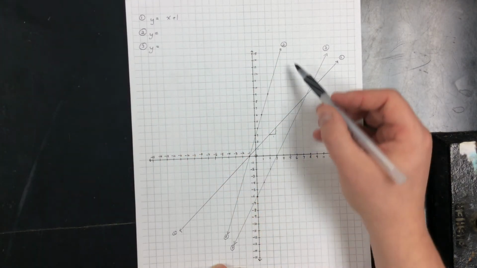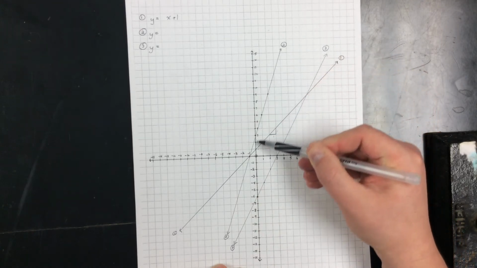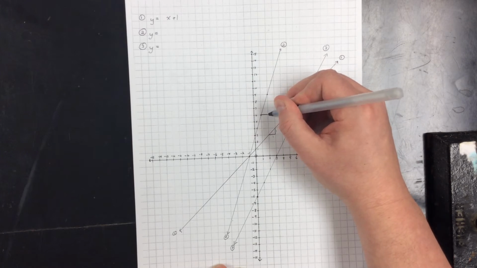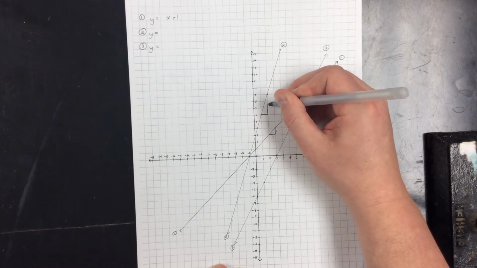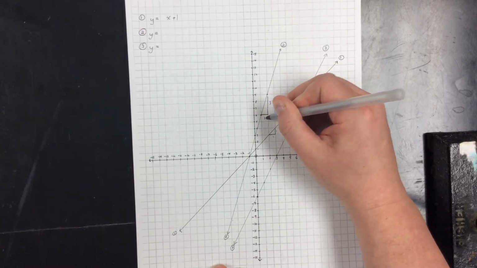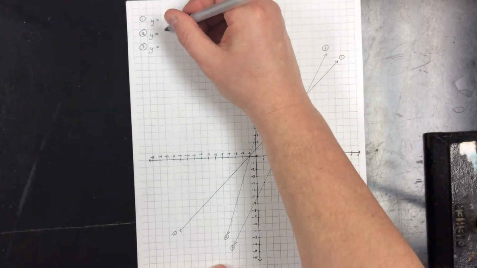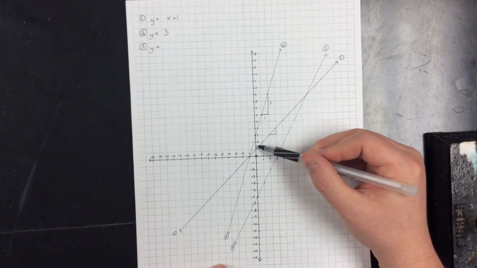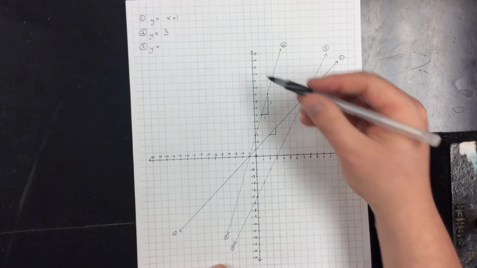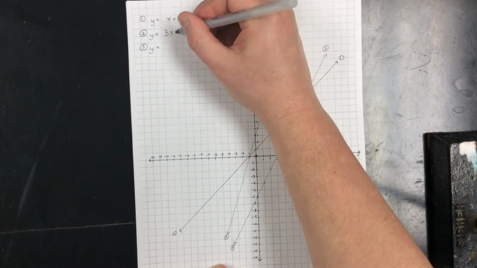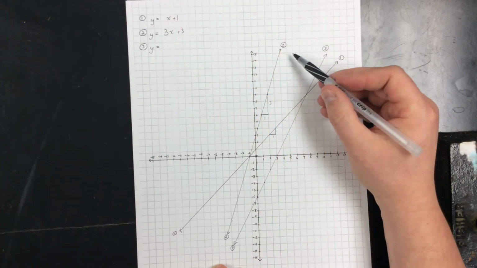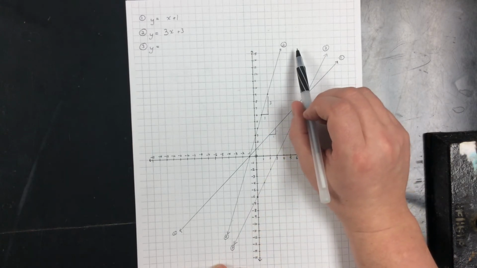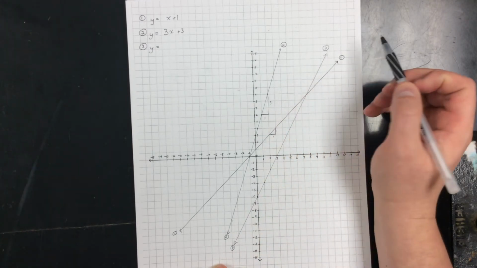For my second line, I notice that the slope is over 1 and up 1, 2, 3. So it's a slope of 3, so my m value is 3. It crosses the y-axis at 3, so it's 3x plus 3, and it's a straight line, so there's no exponent. And it's going in a positive direction, a positive relationship.